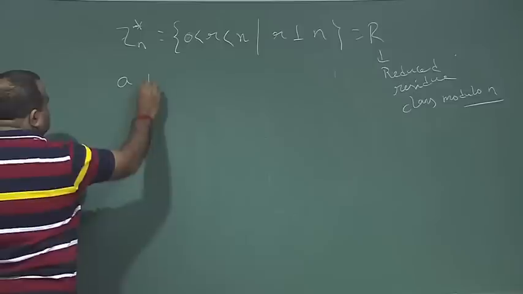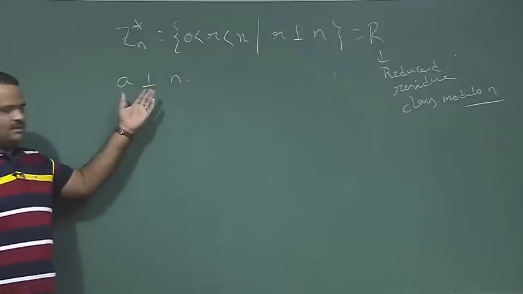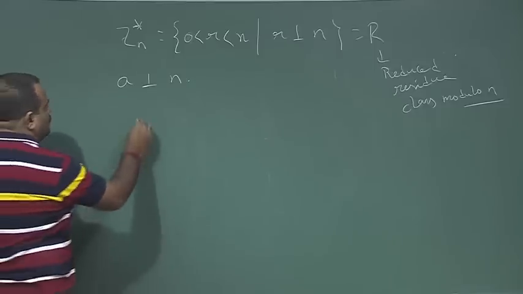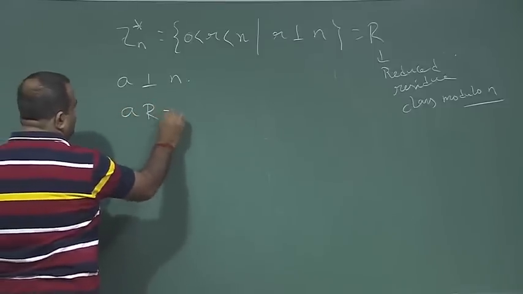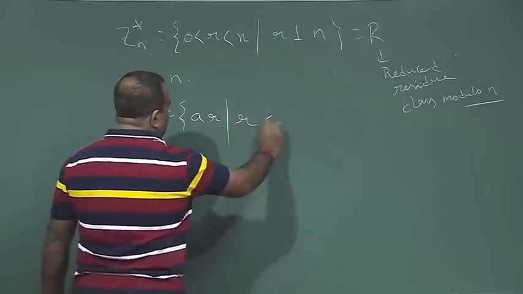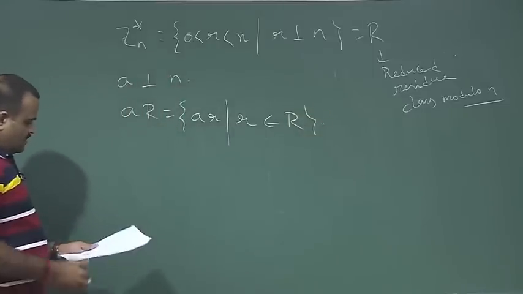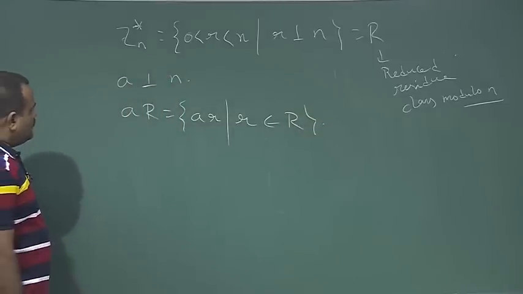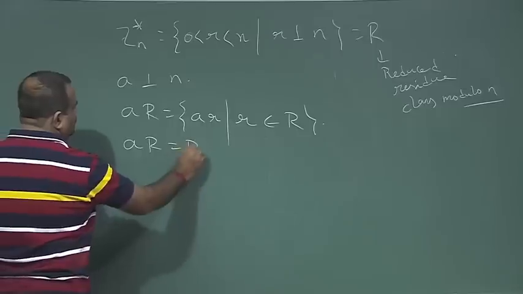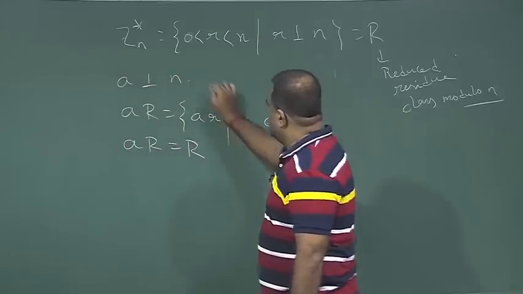Okay. Now, if a is co-prime to n, then we define aR as a times r, where r comes from this set. Now, we have seen that aR is basically R, since a is co-prime with n.